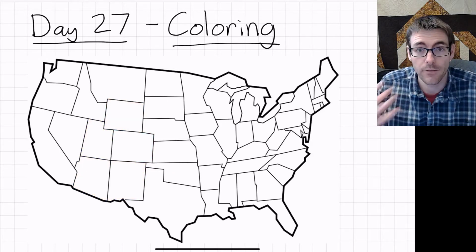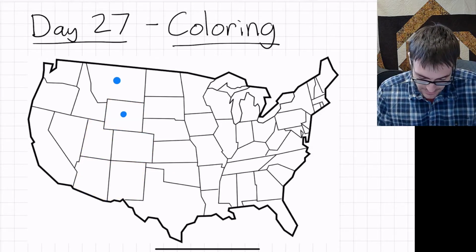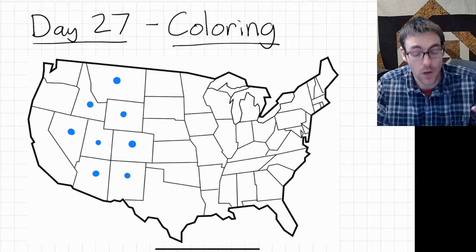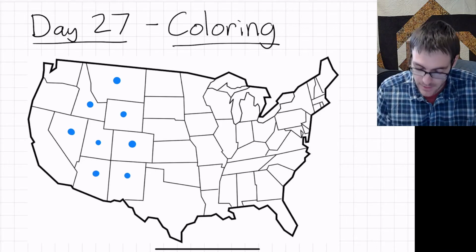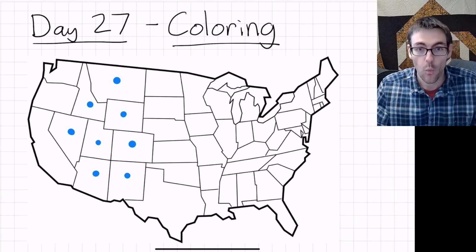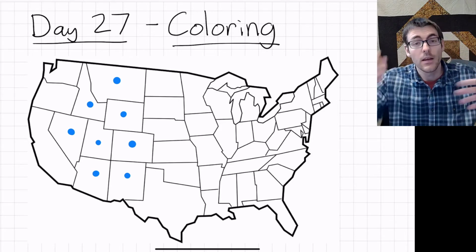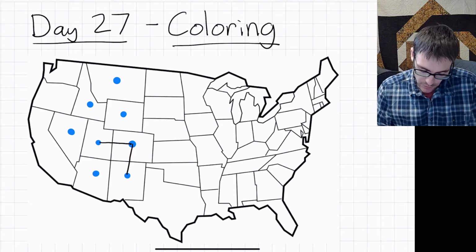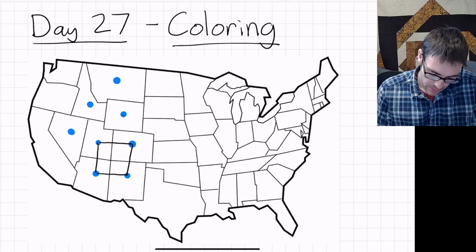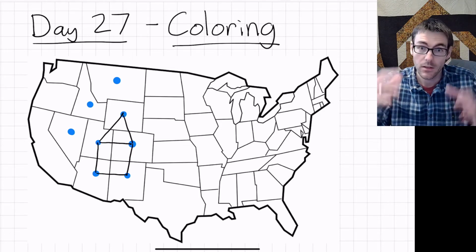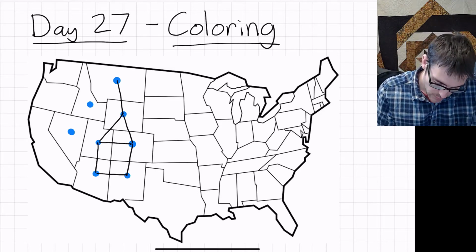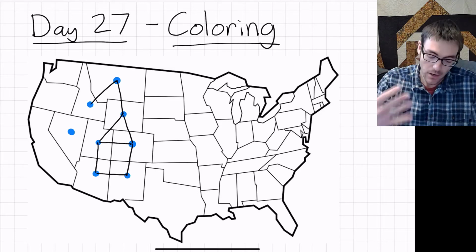So to encode this information, we'll give every state a vertex, and we will say that two vertices are adjacent, right? There is an edge connecting two vertices when their corresponding states share a border. So we can include these edges because the vertices on the endpoints of the edges correspond to states that share a border.